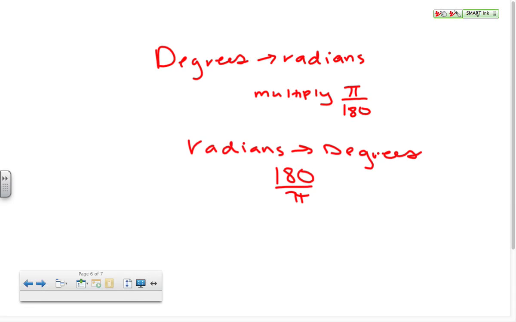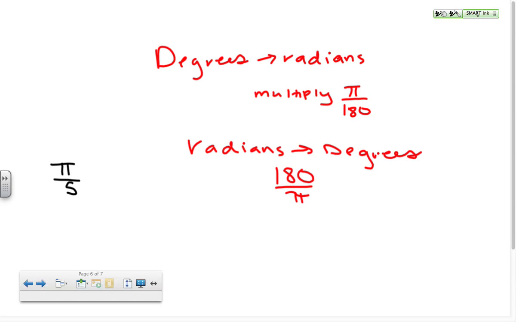So let's do a few examples. Let's convert to degrees first. Let's say I have pi over 5, okay? And I want to know what that is in degrees.